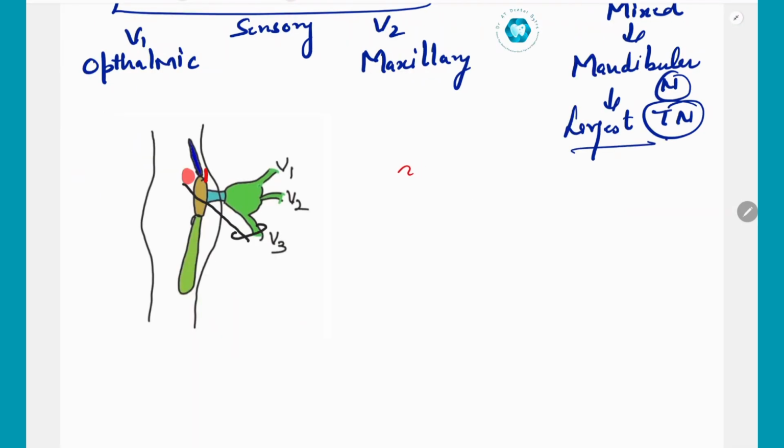The trigeminal nerve originates from three sensory nuclei and one motor nucleus.